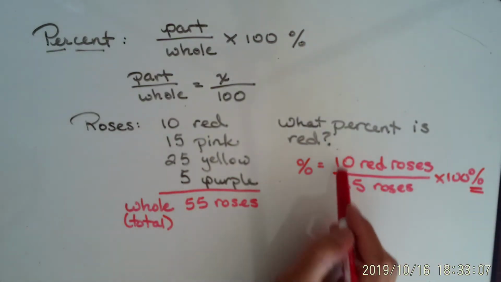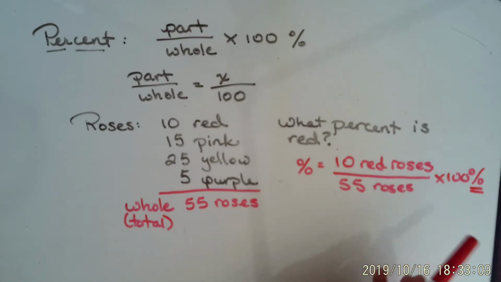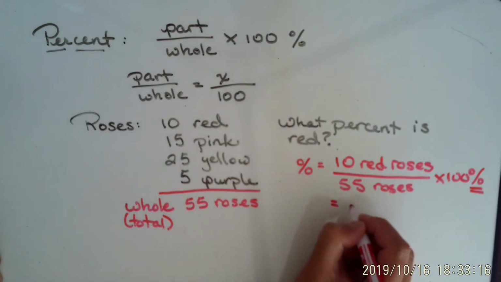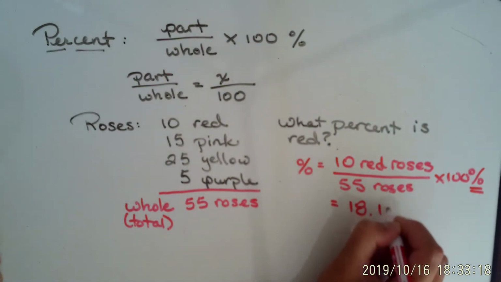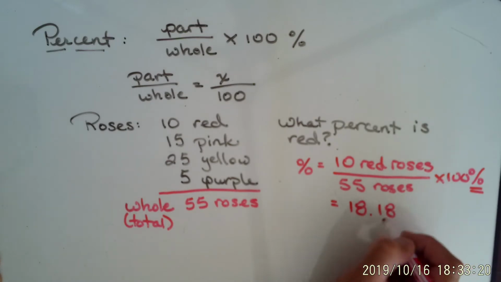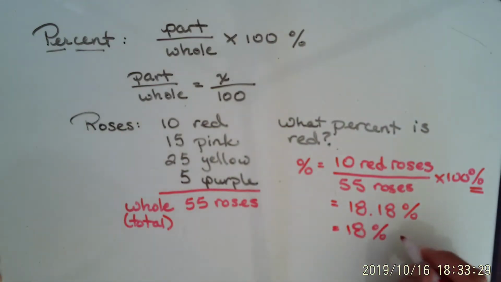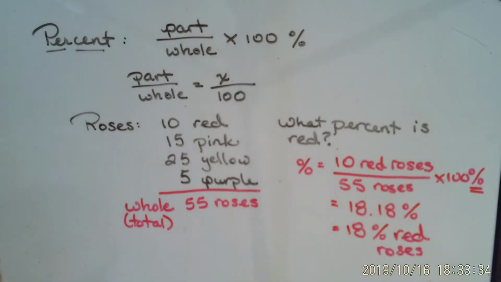You're just going to take 10 divided by 55 times 100. And you're going to get something like 18.18 continues percent. Okay? And then we want the 18% red roses. Alright? So that's how we can use a percent. We can just calculate it.